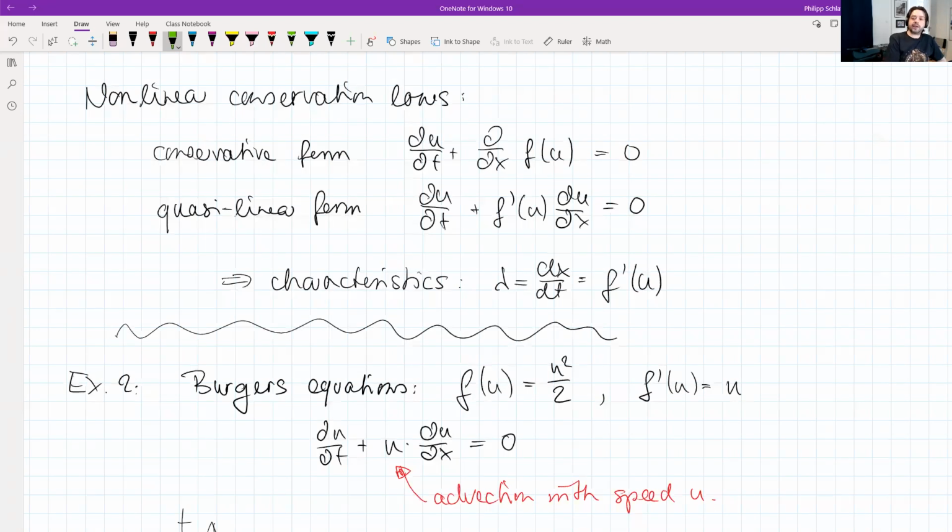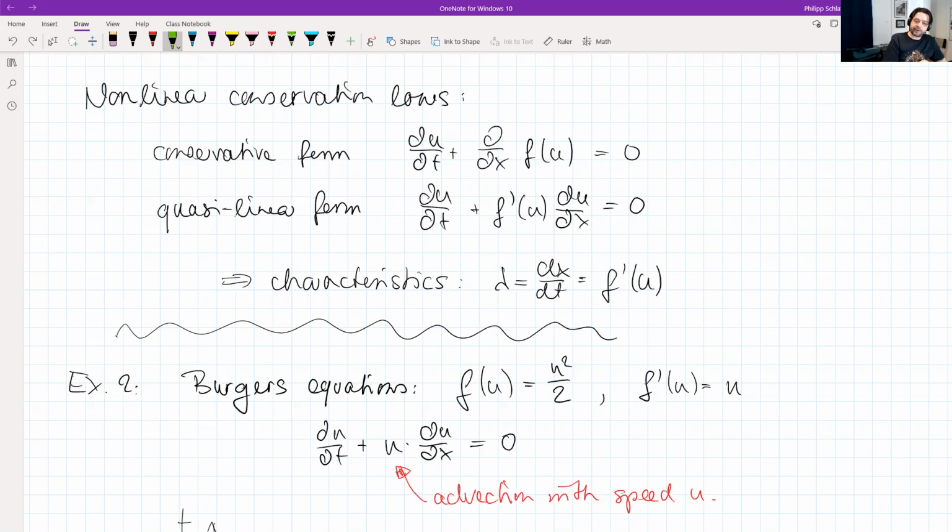Yesterday we derived the Navier-Stokes equations and then the Euler equations from that, together with the equation of state and so on. And we realized that in principle, the governing equations for compressible flows can be written as a nonlinear conservation law, essentially in the form as I indicate here.